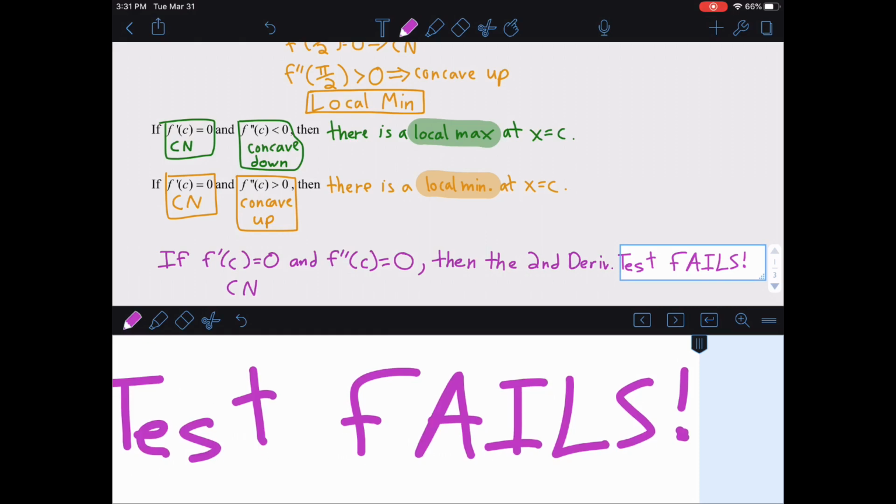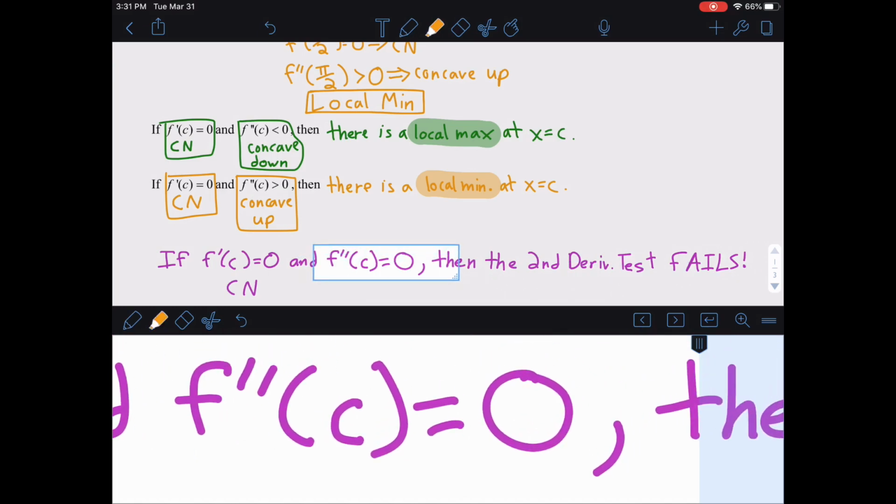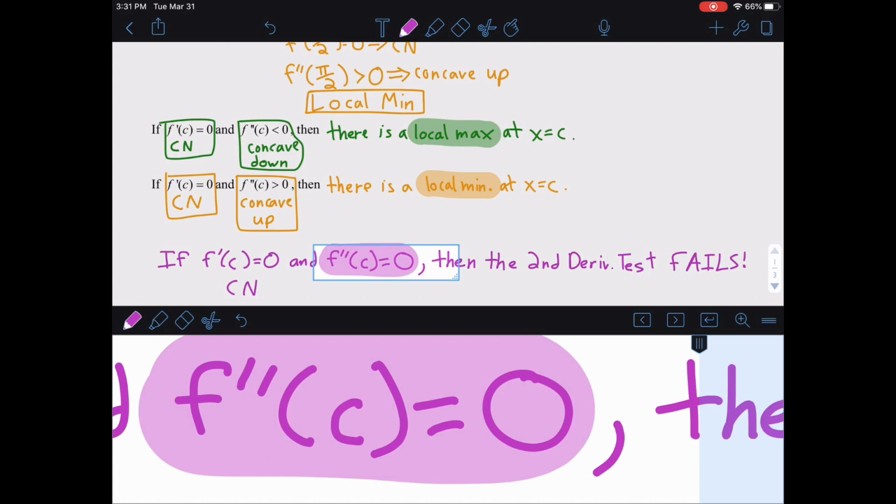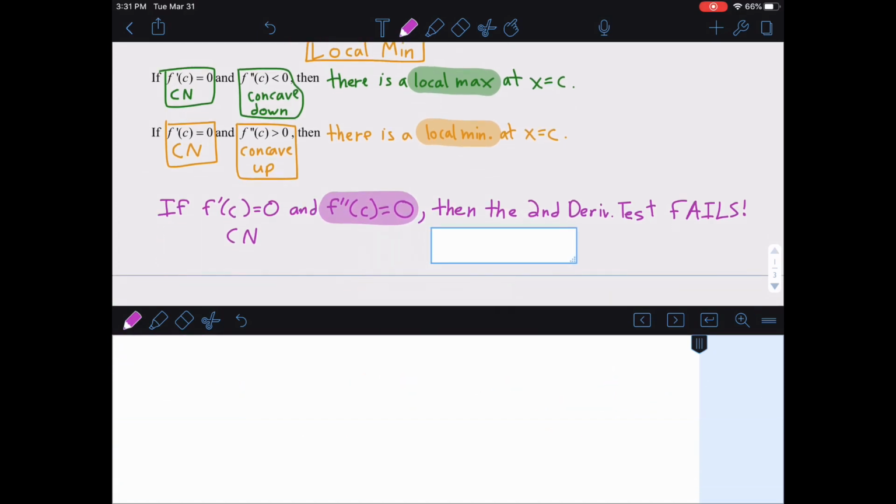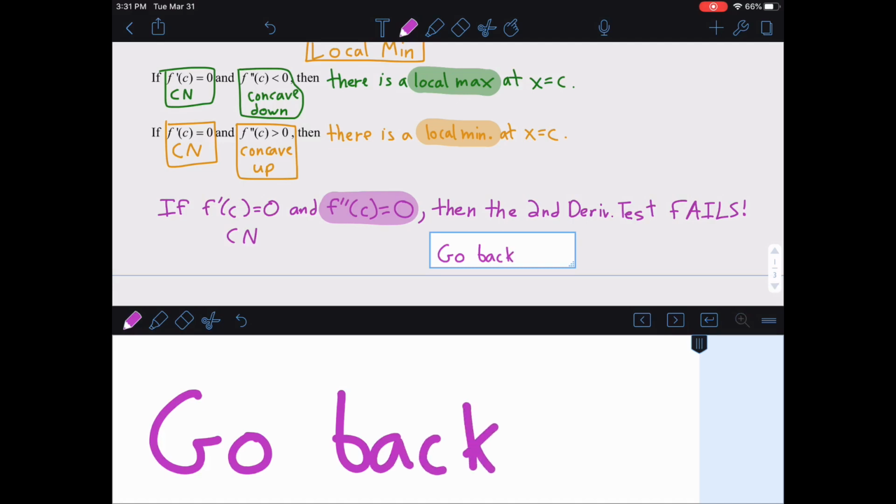Okay, this is the one downside of the second derivative test. If your second derivative turns out to equal 0, the test fails because it's inconclusive. You have to go back and use the first derivative test.